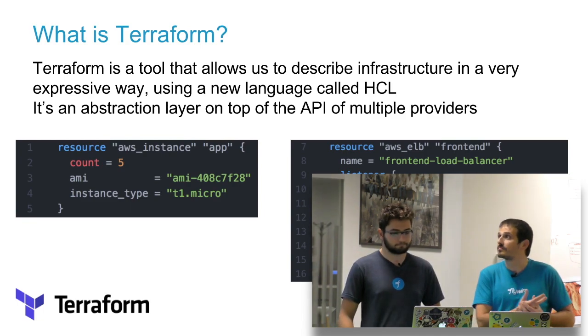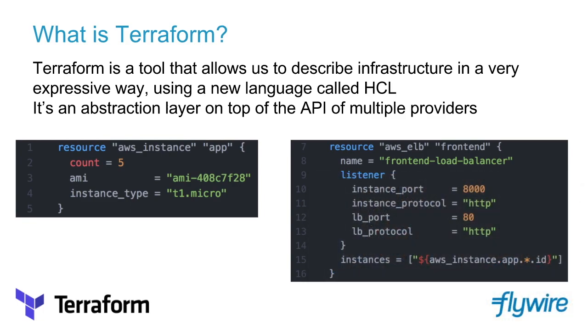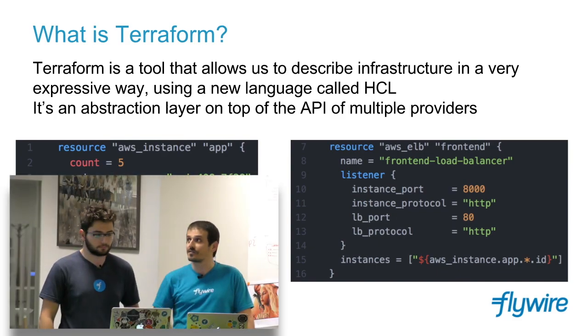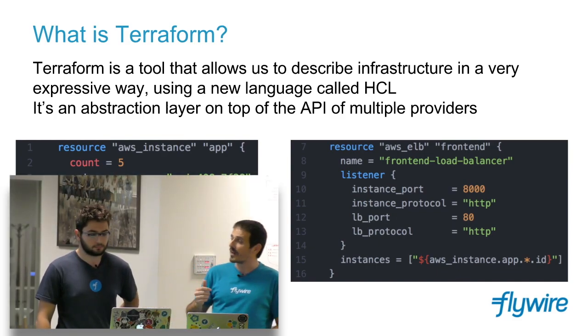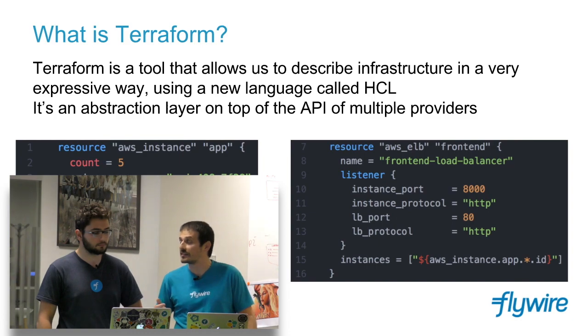It's a tool that allows you to describe infrastructure in a very descriptive and expressive way, using a language called HCL. It's basically an abstraction layer on top of the API of multiple providers. HCL stands for HashiCorp Configuration Language, and the reasoning for creating a brand new language is interesting.